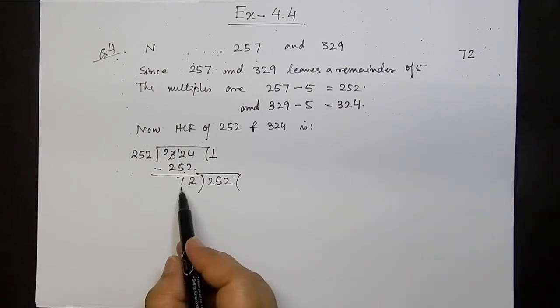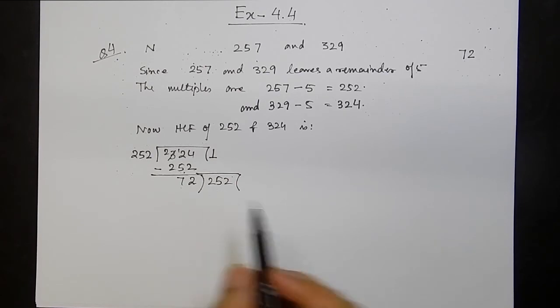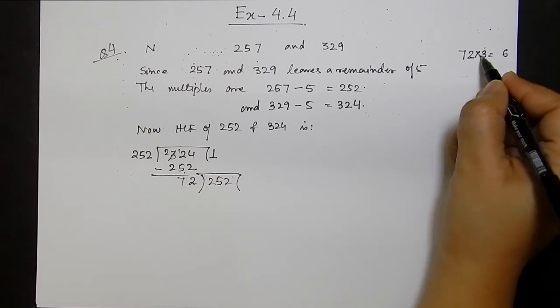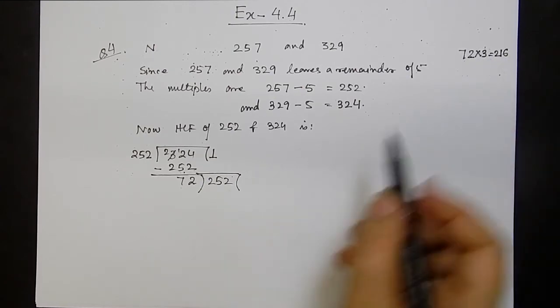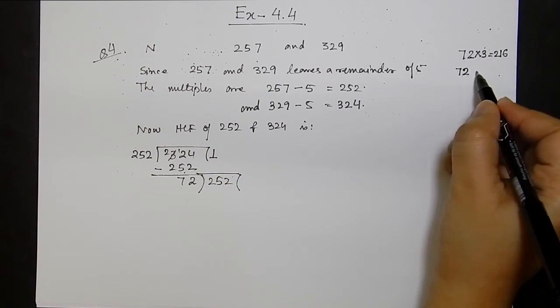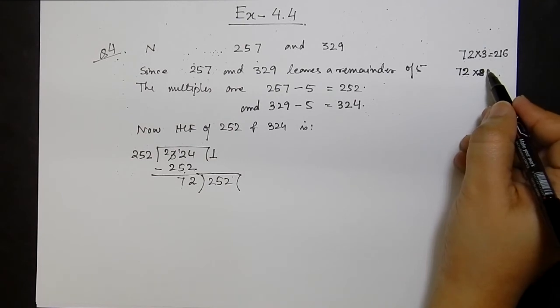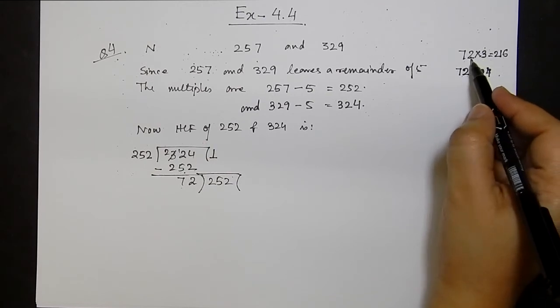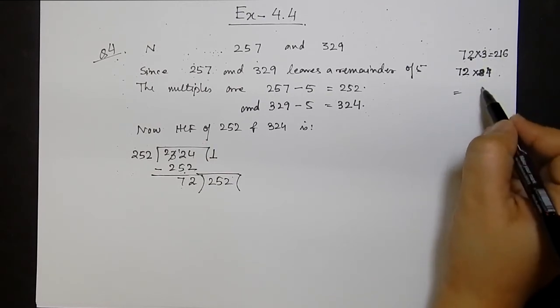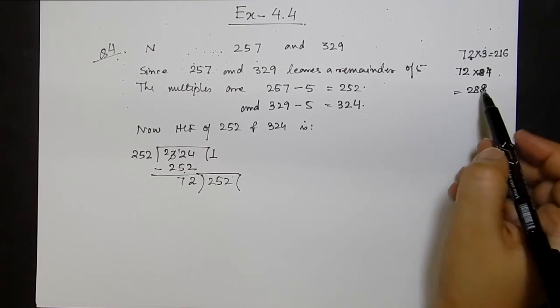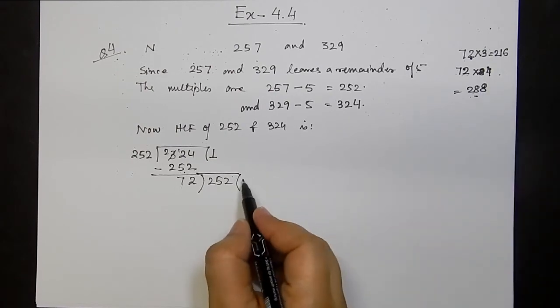Now here we have a 7, and when we multiply 7 into 3, we get something in the 20s. So I will first guess with 3. 3 2s are 6, 3 7s are 21. We still have space, so I will try 4. 4 2s are 8 and 4 7s are 28. So it's going beyond 252, so 3 was my correct choice.